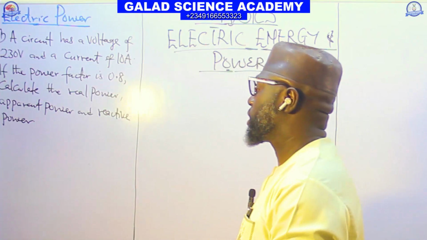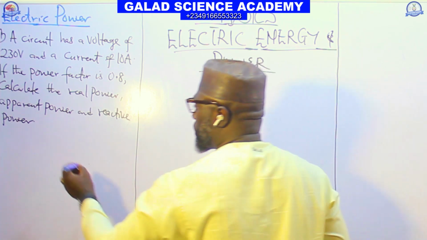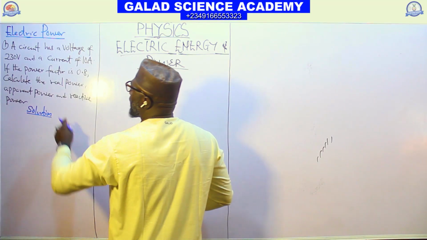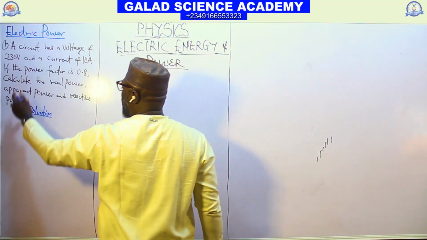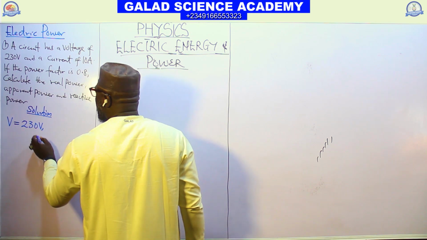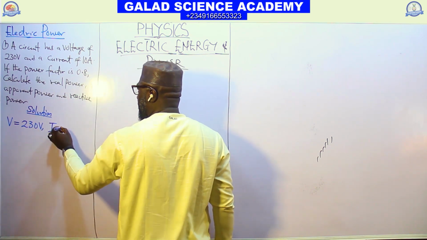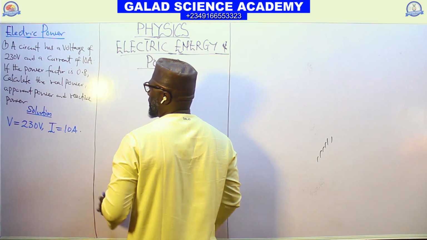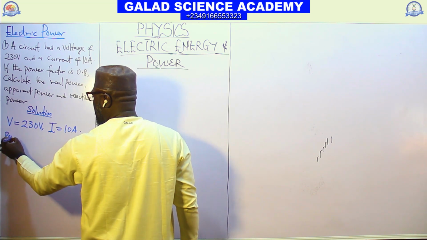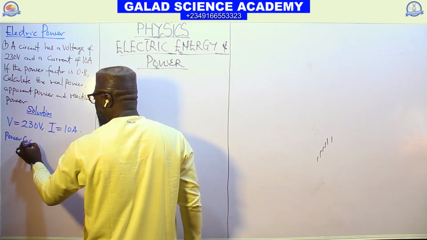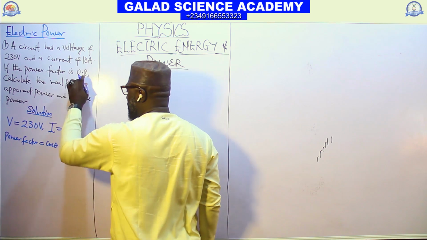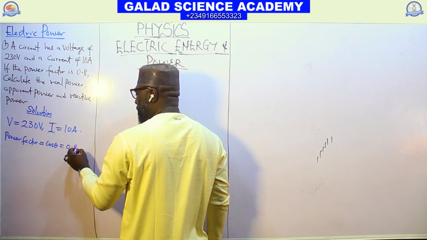So let's solve these questions. Solution. A circuit has a voltage V of 230 volts and a current I of 10 ampere. We are given the power factor, which is cos theta, as 0.8.